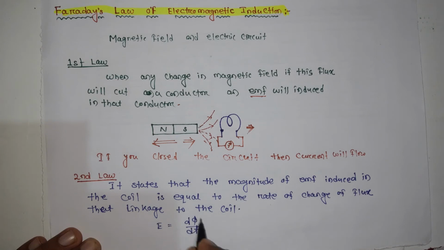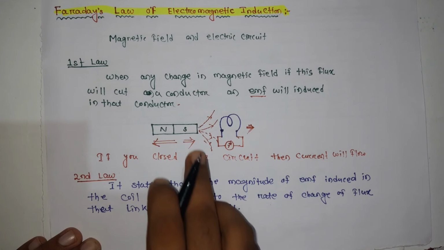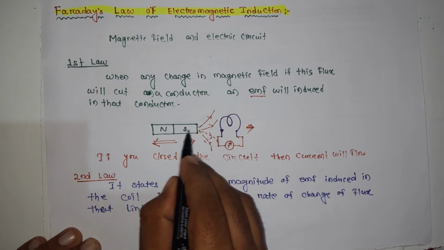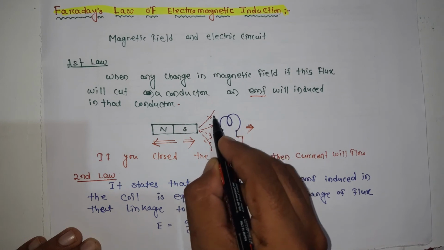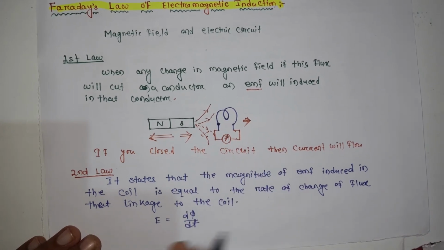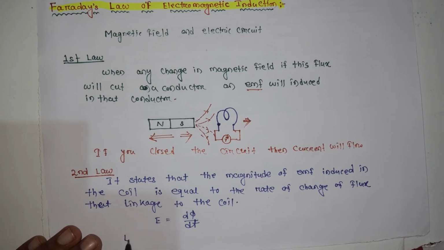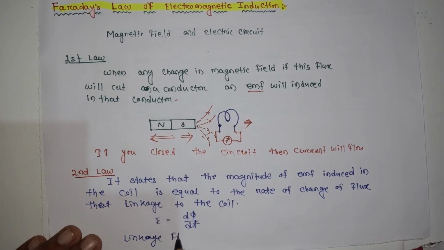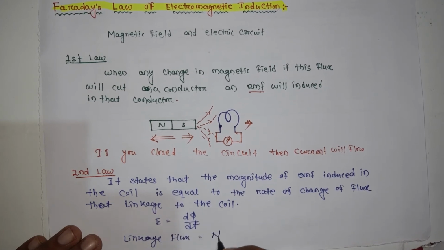And this flux linkage depends upon the number of coil turns. If you move this side, then it will not be linkage. You can write the linkage flux equal to N phi.